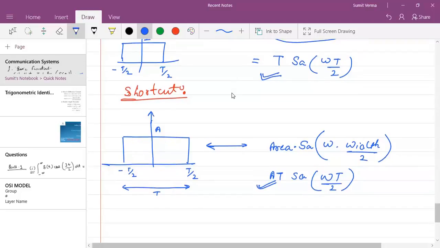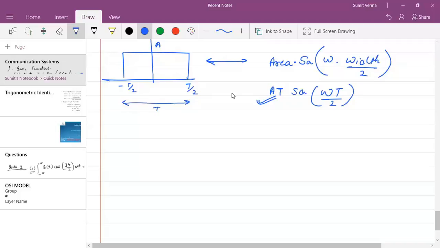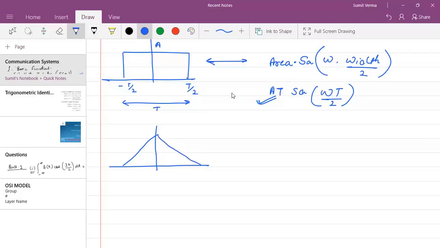Similar to this, we can extend this shortcut to a triangular pulse as well. So let's say a symmetrical triangular pulse here, which is defined from any value minus t to t, with any amplitude a. How will I define the Fourier transform for this?